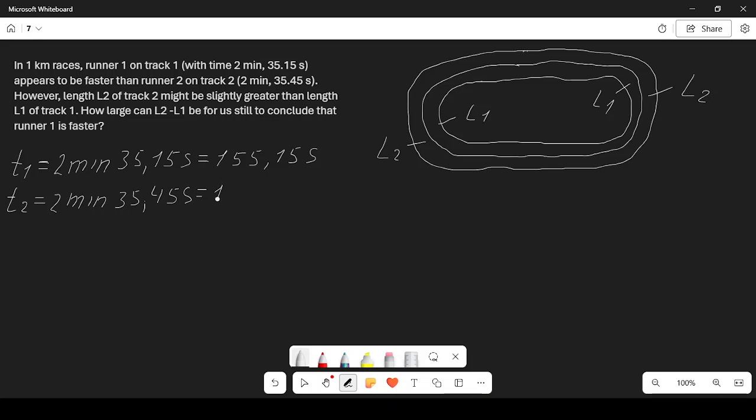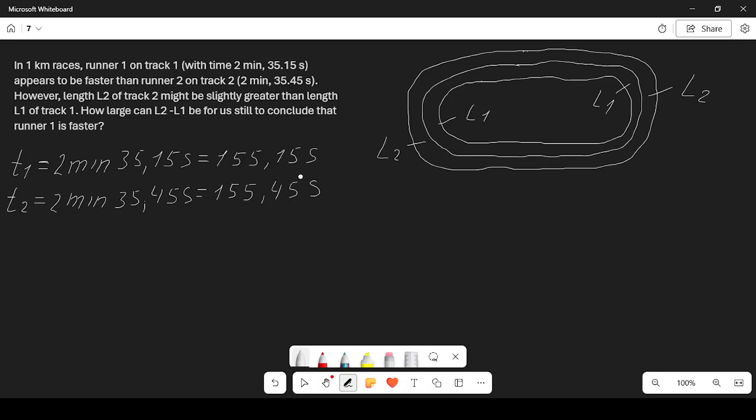It's 155.45 seconds. So the difference between them is only 0.3 seconds. Not that big. For a distance of 1 kilometer, and they were running roughly 2.5 minutes. And the difference between them is just a third of a second.